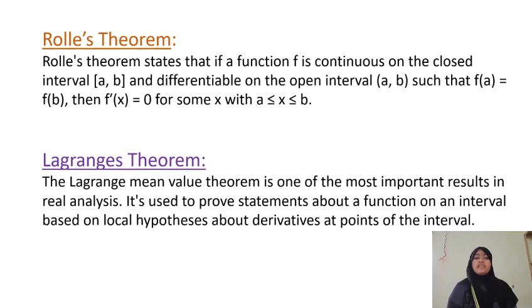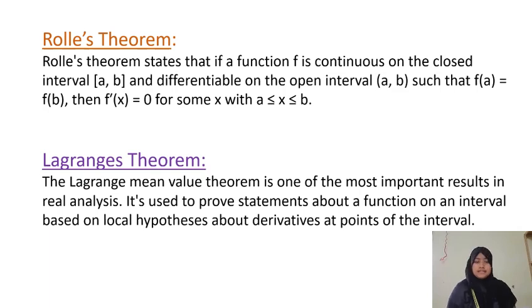So Rolle's theorem states that if we have a function f of x, it should be continuous on the closed interval a comma b and differentiable on the open interval a comma b, and it should satisfy the condition f of a equals f of b. Then we get a point where f dash of x equals 0. Only then does the function verify Rolle's theorem.